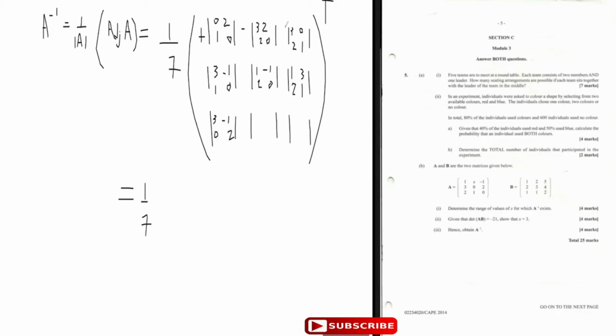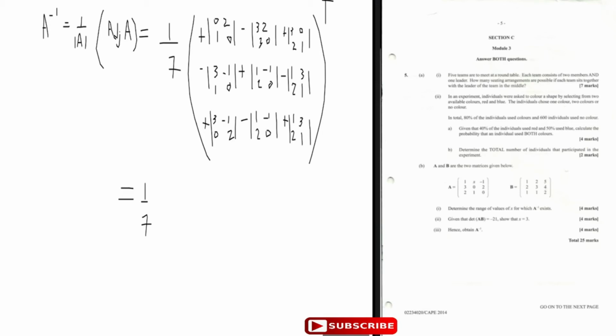Oh, and I forgot the sign. This is plus, minus, plus, minus, plus, minus, plus. So right here, crossing out the 1, it's going to be 1, minus 1, 2, 0. Then finally here, it's going to be 1, x is 3, 2, 1.